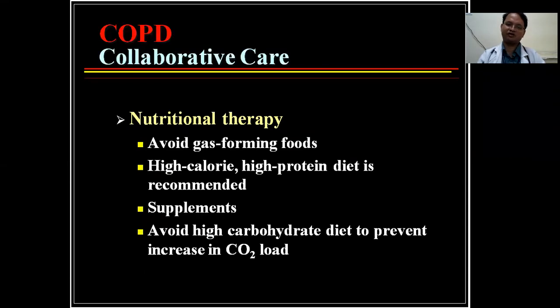In nutrition therapy, avoid gas-forming foods. A high calorie, high protein diet is recommended and supplements are to be given. Avoid a high carbohydrate diet because this prevents an increase in CO2 load.